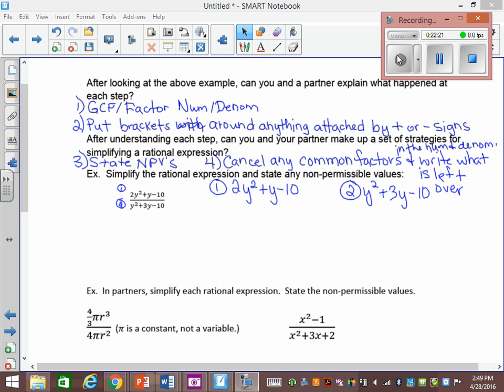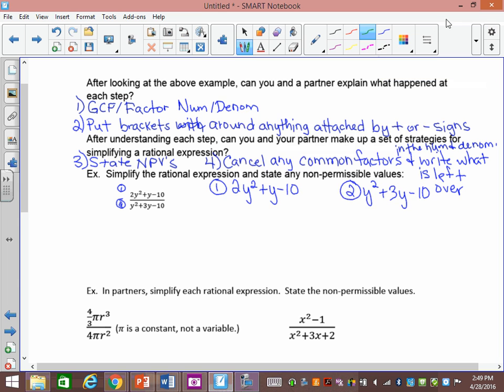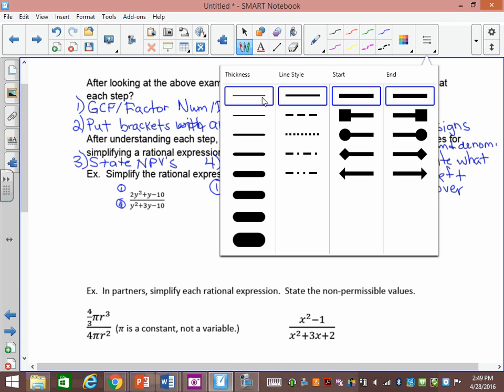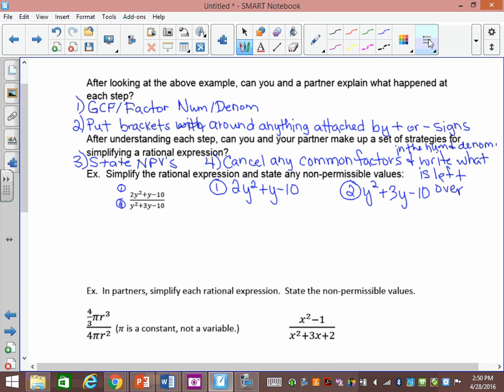Now you guys, the more organized you stay, the better it's going to be for you. Because when we get to multiplying and dividing, and you're multiplying and dividing 4 different factoring things, and you're going to have to factor 4 trinomials, you're going to want to keep it organized.